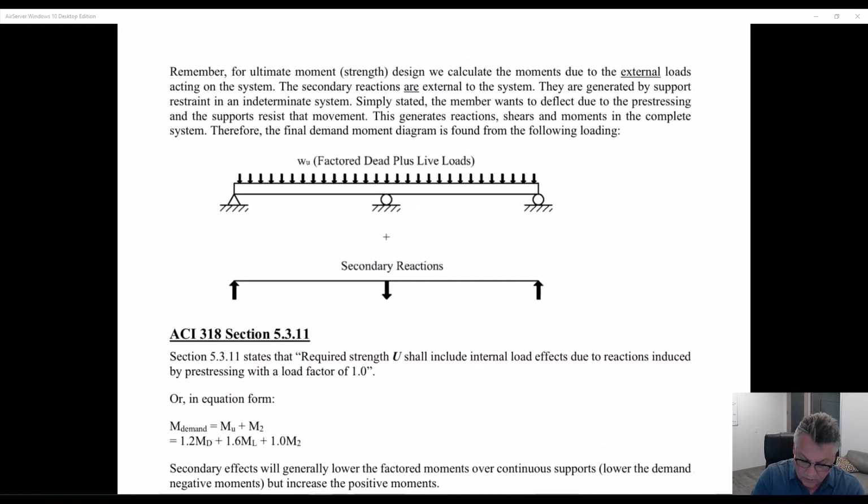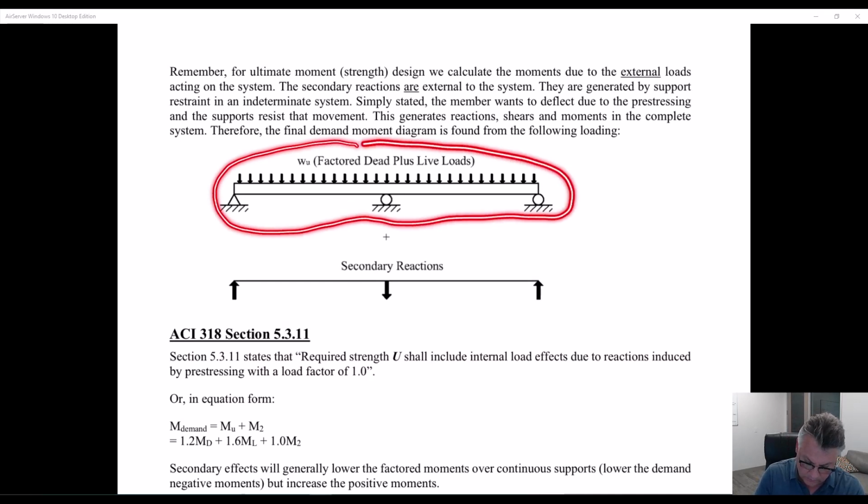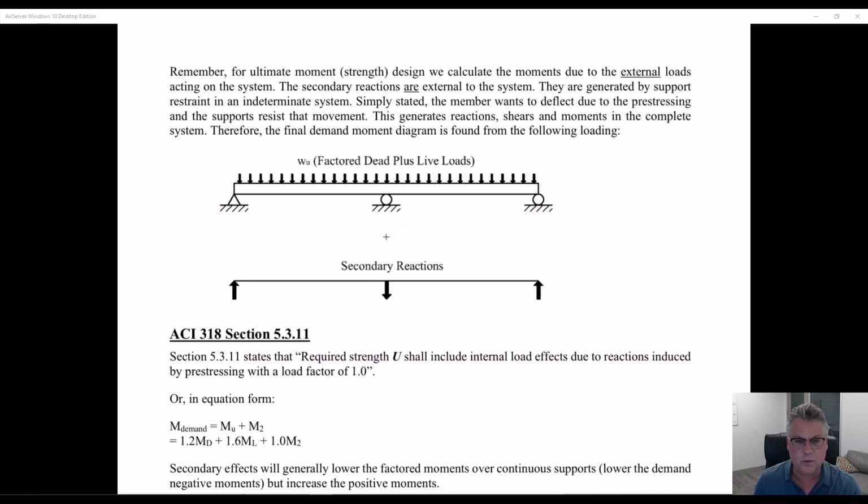So if you think in terms of what the loading is on the beam, we actually put the factored load, 1.2 dead plus 1.6 live, distributed load, we'll talk about distributed loads right now, plus this set of secondary reactions.